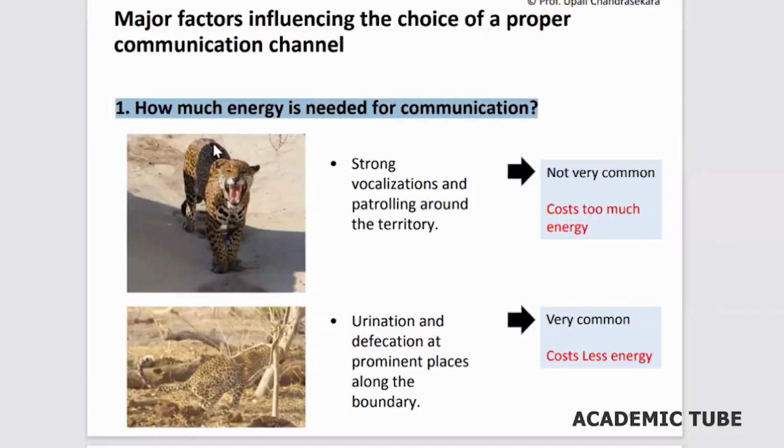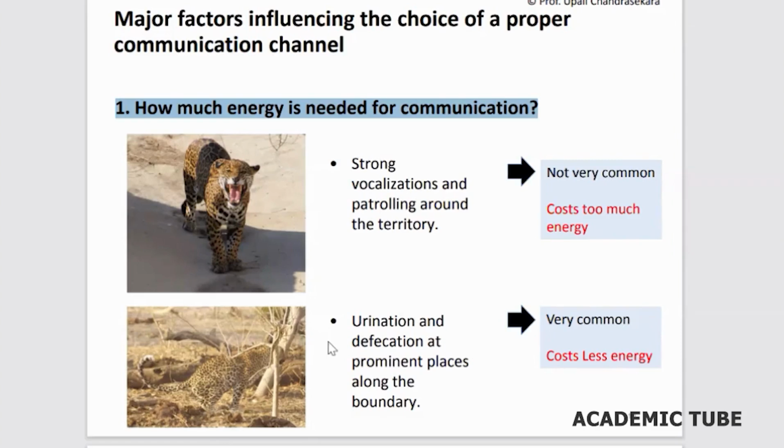So, how much energy is needed for communication? Strong vocalization and patrolling around the territory is not very common because those activities cost too much energy. What you see in this photograph is a leopard defecating.